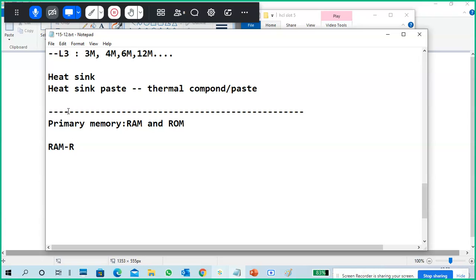Anyone? Random access memory. And what is ROM? Read only memory.